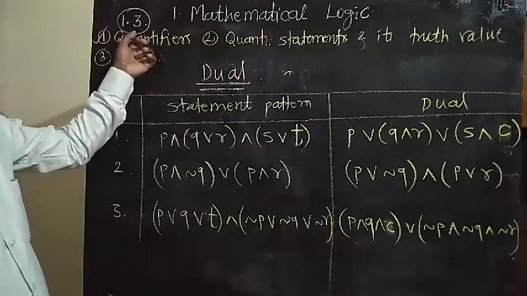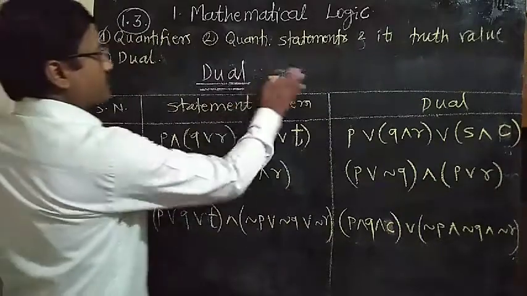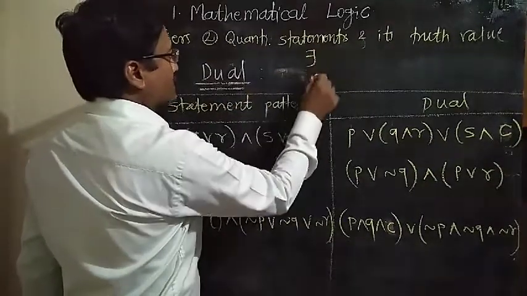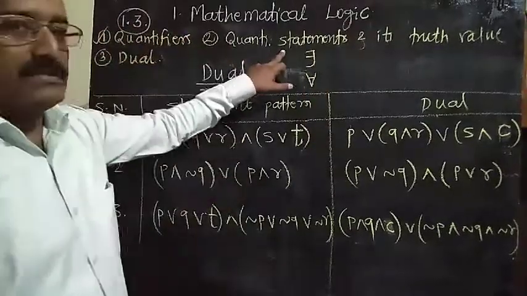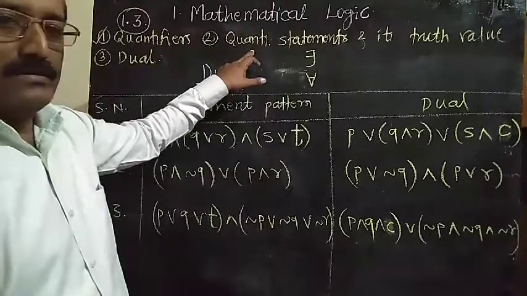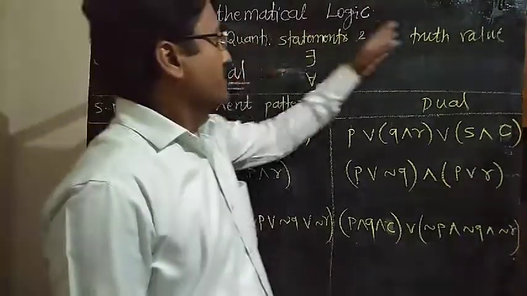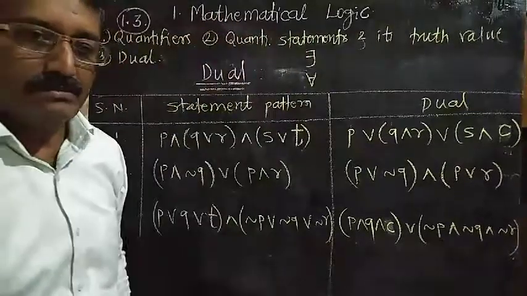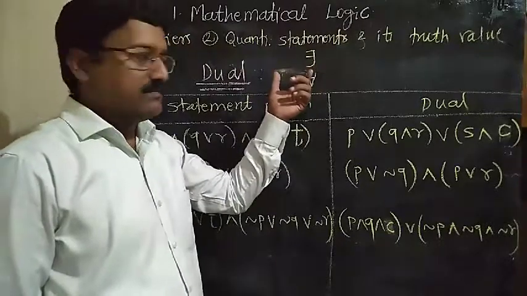So some and all are our quantifiers. They are denoted by the existential and the all symbols. A quantifier statement is a statement which includes either an existential or universal quantifier. Then the truth value of that quantified statement depends on whether every element satisfies that condition or not.